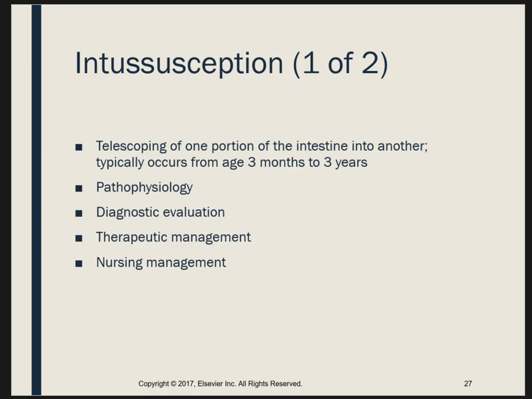So when I say telescoping, a better description is that the proximal segment of the bowel scoops into a more distal segment, and that's going to pull the mesentery with it. When that progresses to where the pressure equals arterial pressure, blood flow stops.